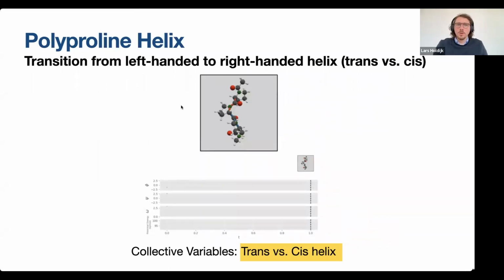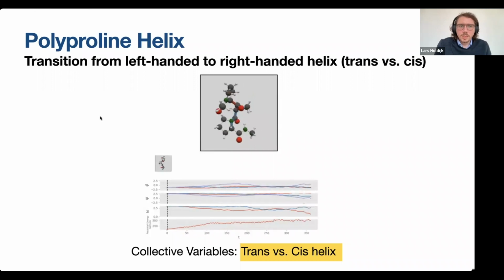In the case of Polyproline, the main collective variables are the bonds that I've colored here. There are two bonds, a red bond and a blue bond. It's really small on my screen, so I probably can't see it. These are the omega collective variables that you will see along this line.